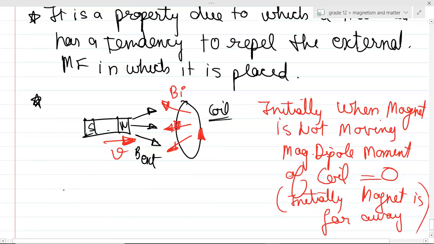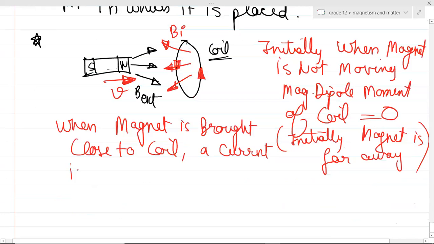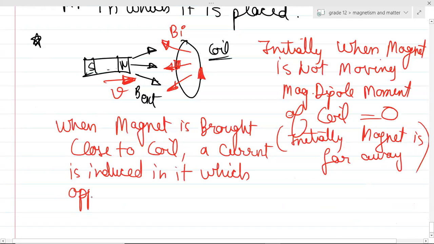Now what will happen when the magnet is brought close? A current is induced in it which opposes the external magnetic field.